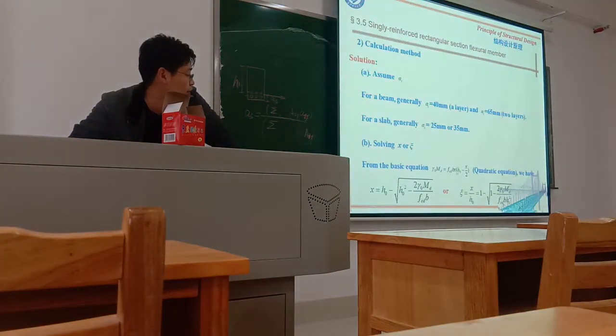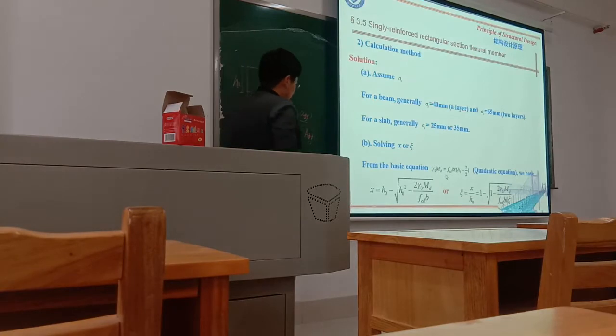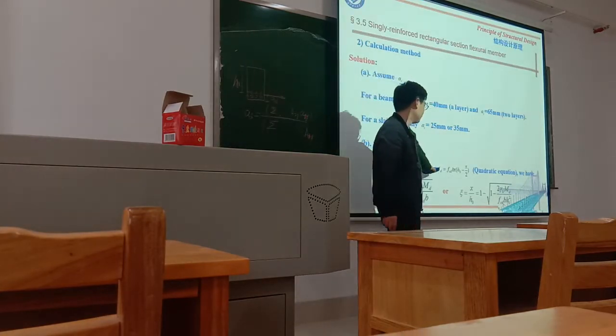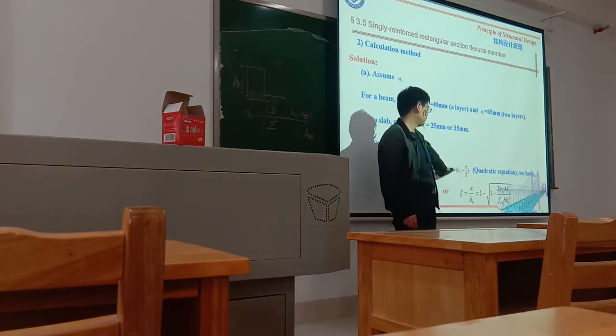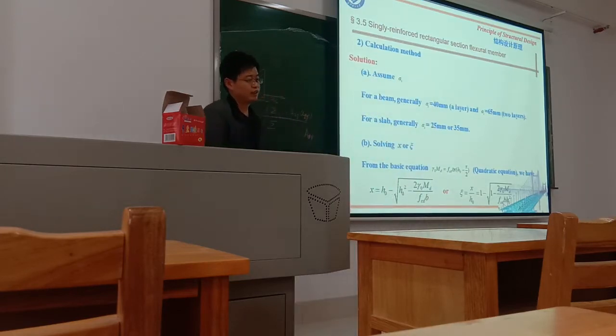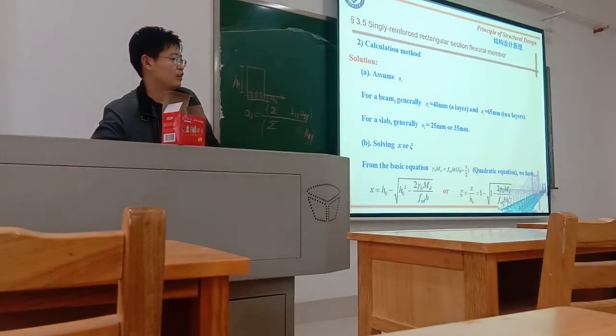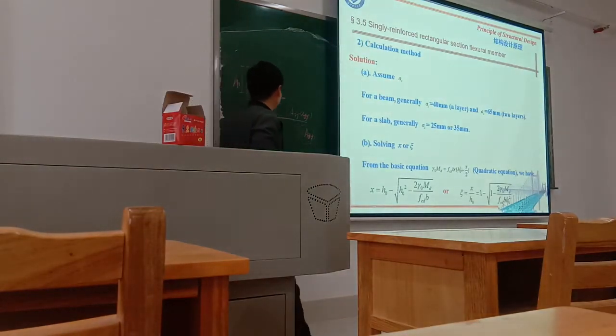This is the basic formula: gamma 0 MD equals FCD times x times H0 minus half x. So how do we get this formula? Quadratic equation. How do we get this formula?